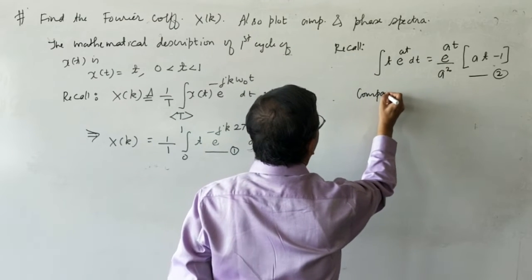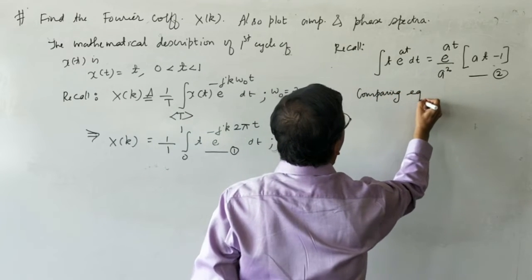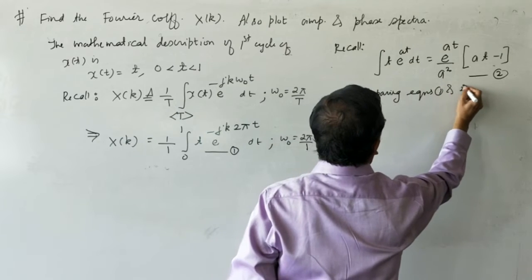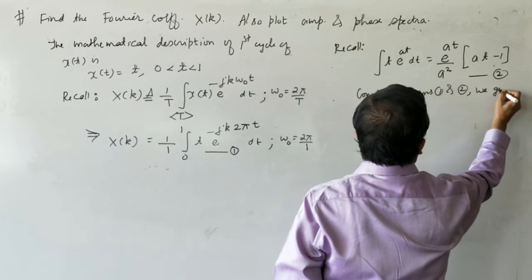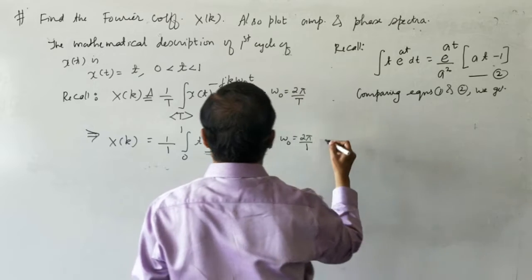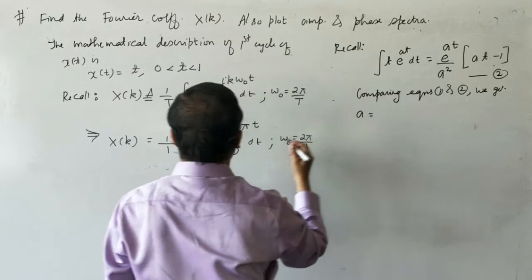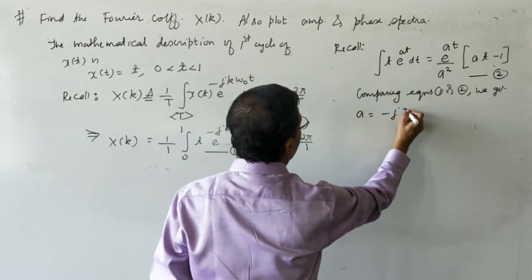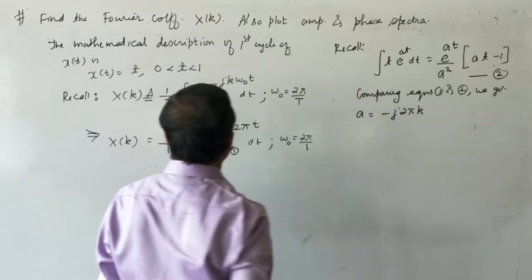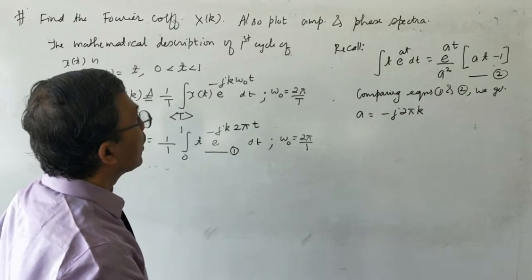Comparing equations 1 and 2, we get, what is a? A is nothing but minus j times 2 pi k. Correct?